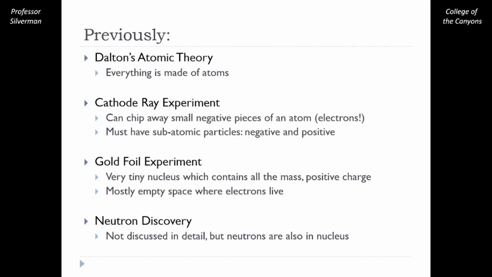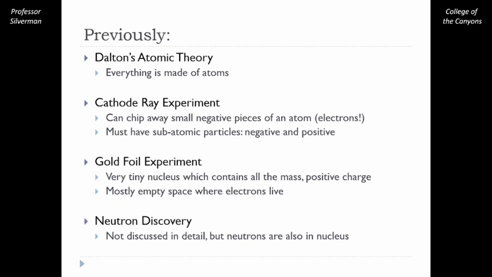In our previous lessons, we've examined Dalton's atomic theory, which said that everything is made out of our atoms. Later on, we learned that that was not completely true. We actually have negative electrons and positive protons, as well as some neutrons in our atom.